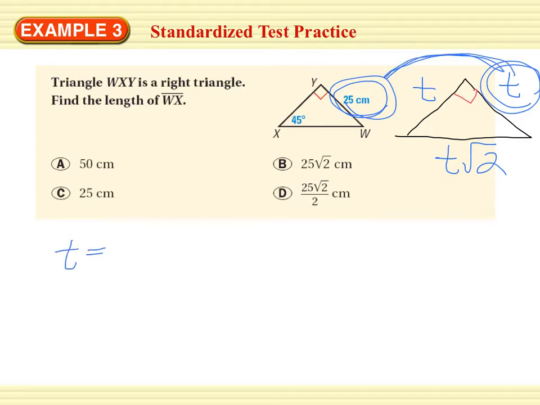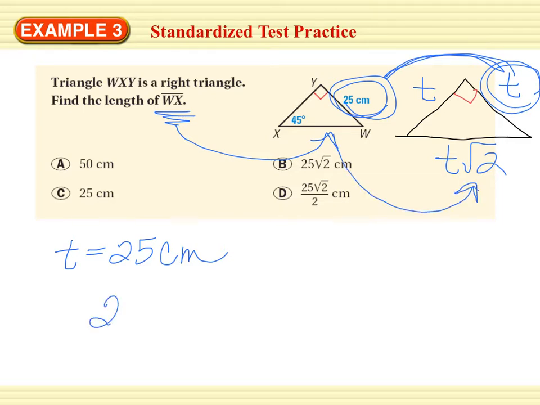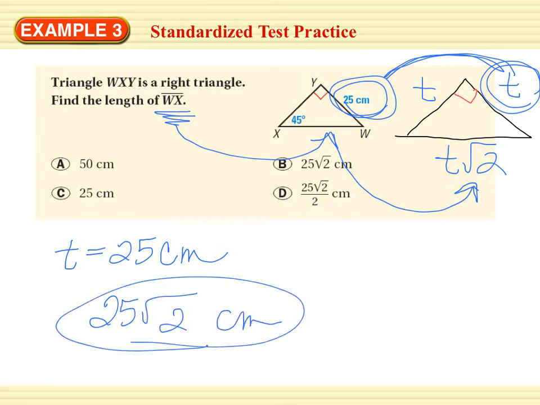T equals 25 centimeters. WX is your hypotenuse, which is t square roots of 2. So 25 square roots of 2, which is B.